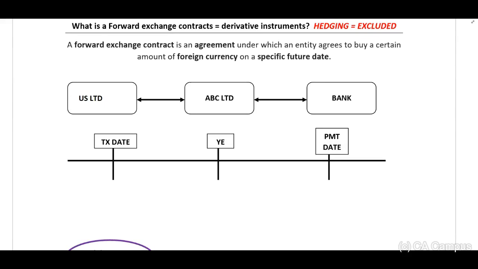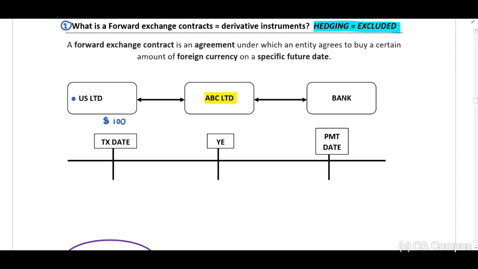What is a forward exchange contract? I know that hedging is excluded. But guys, when you register as a CA, I do expect that you know what is an FEC. I'm going to explain this by means of a basic example. We have entity ABC Limited. Entity ABC Limited purchases goods from US Limited and pays $100 for these goods.